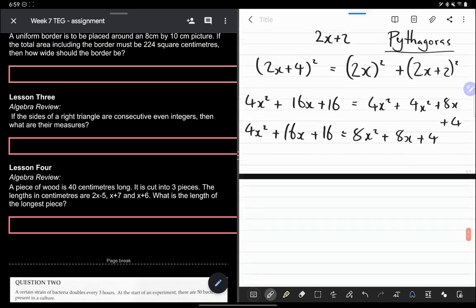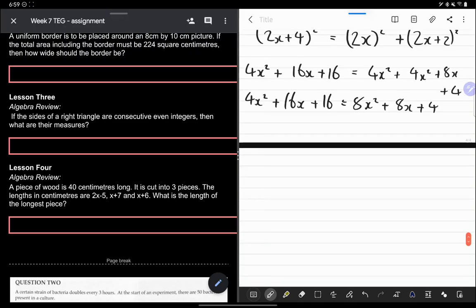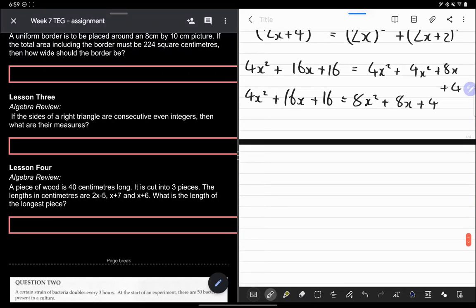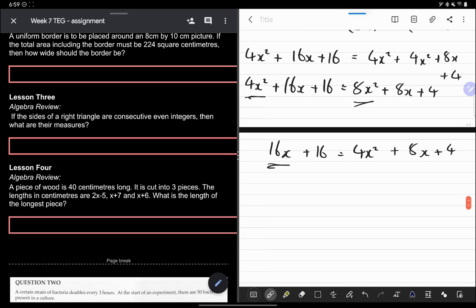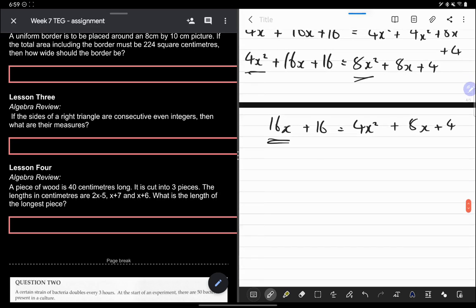Now, knowing that that's a quadratic, I want to put it all onto one side and make it all equal 0. Okay, so let's get rid of the x squared. So it's going to be 16x plus 16 equals, and I'm going to minus 4x squared from both sides, which I just get 4x squared. To get rid of the 16x, I'm going to minus 16x from both sides.